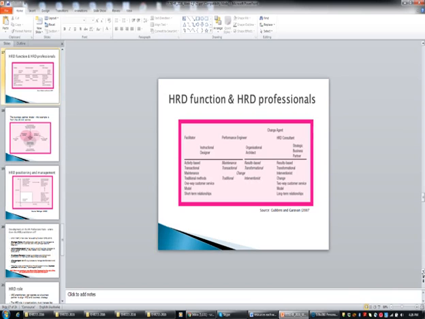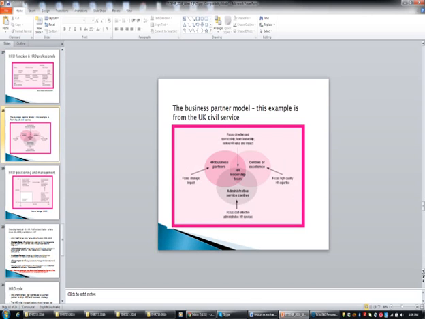I would say that they're both important, but at the strategic end, we need to consider change and long-term relationships. At the instructional end, there might be some short-term skills that we need to implement quickly. This is a model from your textbook about the business partner model, just saying how HR can be considered very central to an organisation.